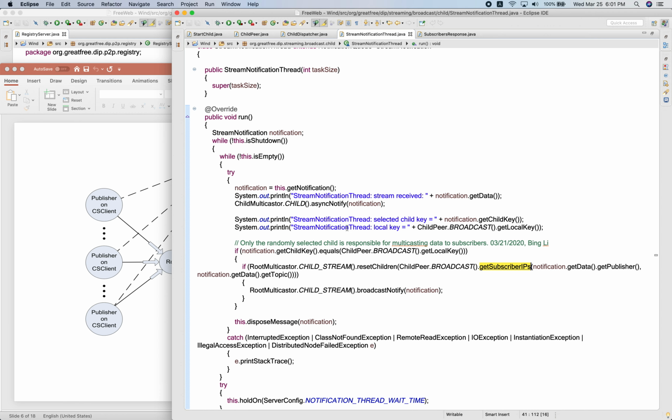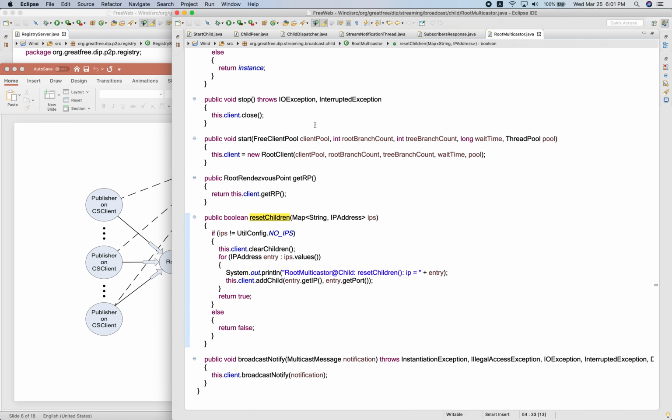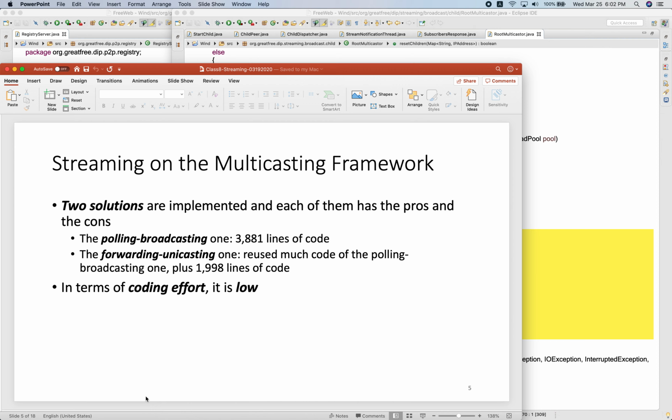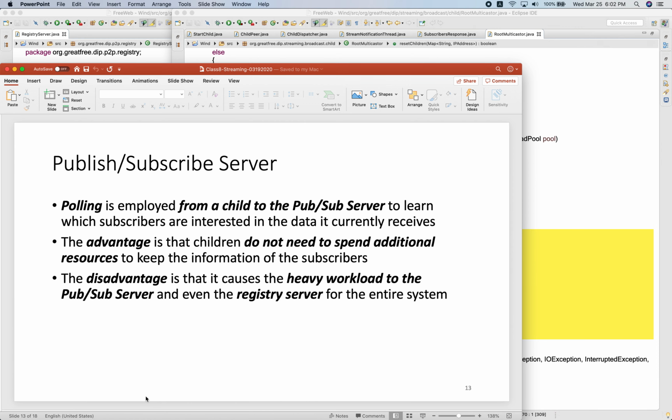This polling will be performed frequently because they need to do that each time one new data is received. So the workload will be heavy, right?